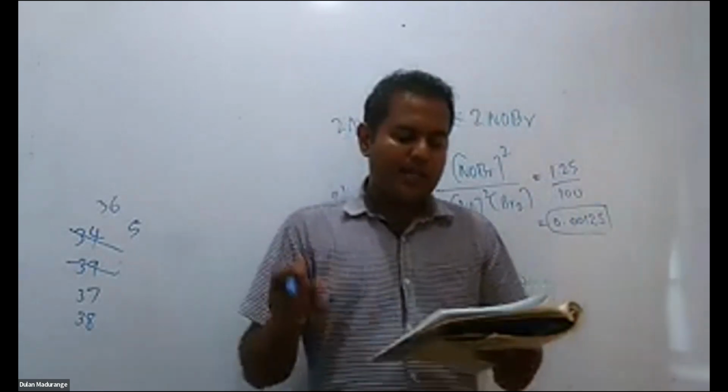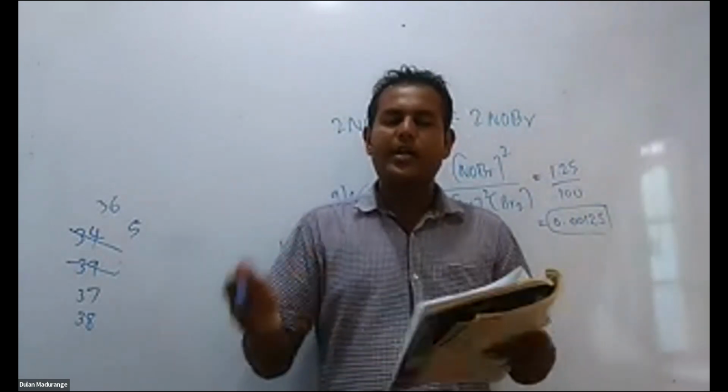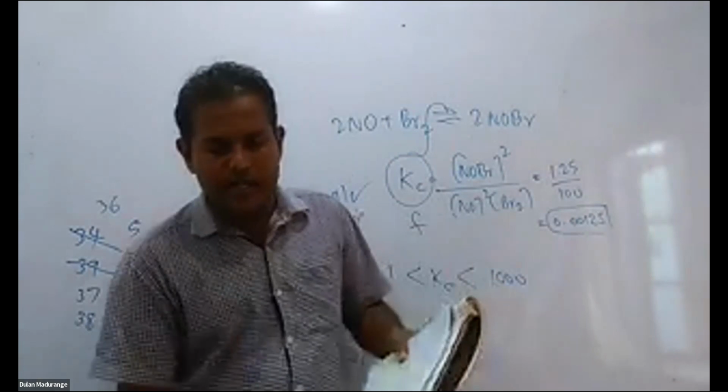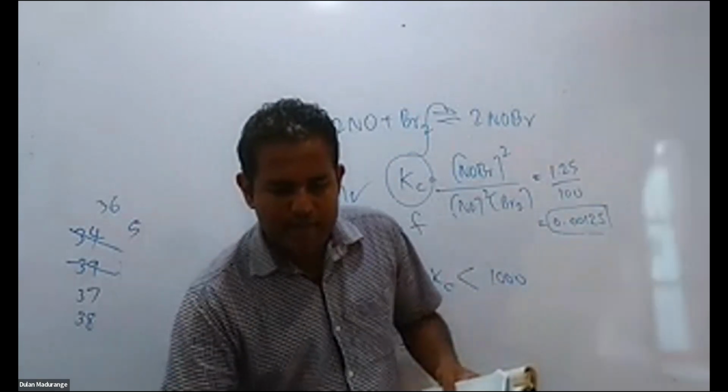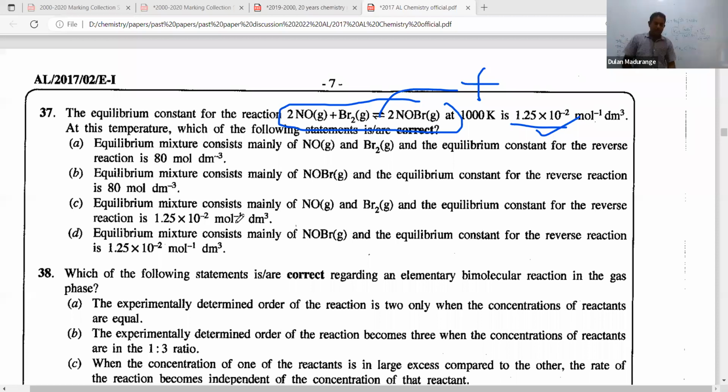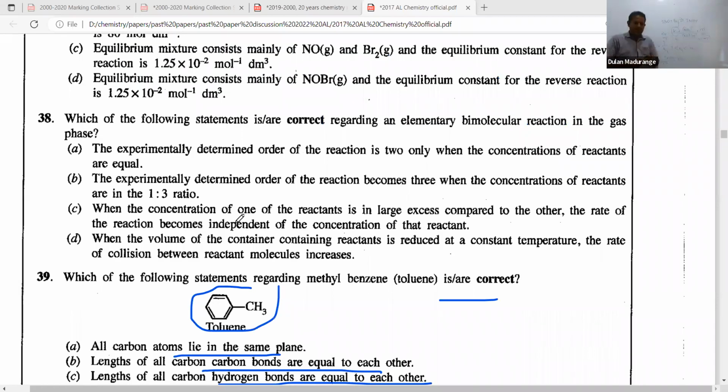38. Which of the following are correct regarding an elementary bimolecular reaction? Now we are talking about question number 38. Which of the following statements is or are correct regarding an elementary bimolecular reaction in the gas phase?